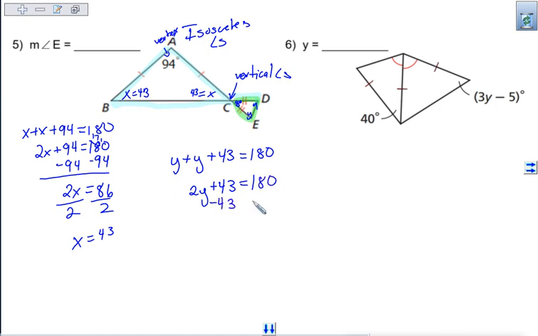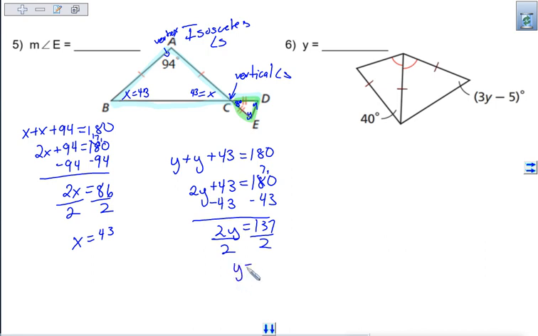Subtract 43 from both sides. 2y equals 137. Divide by 2 on both sides.